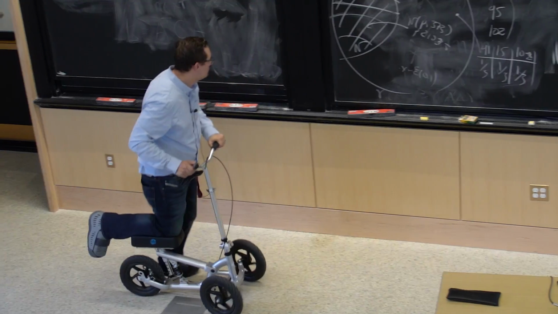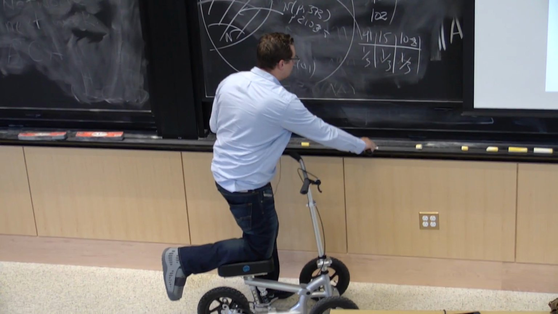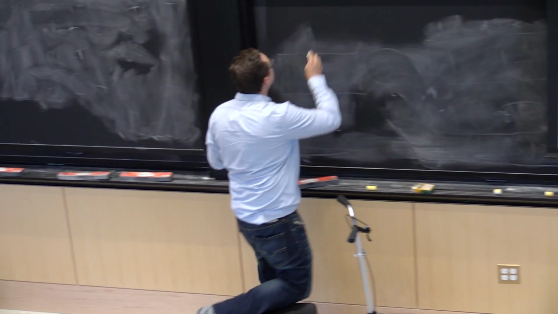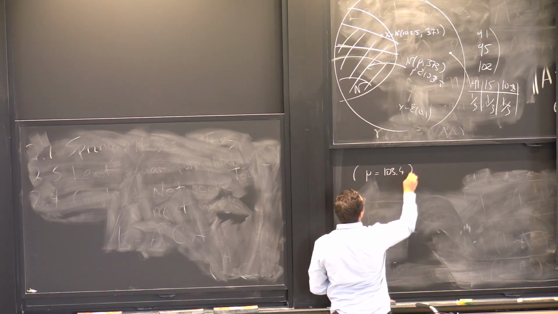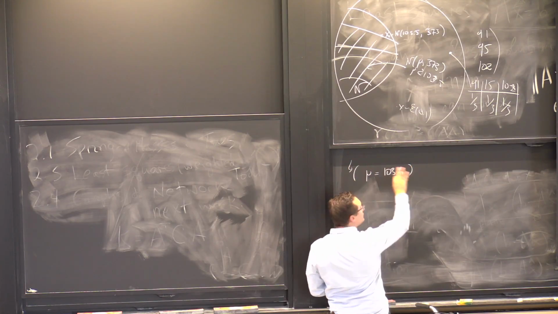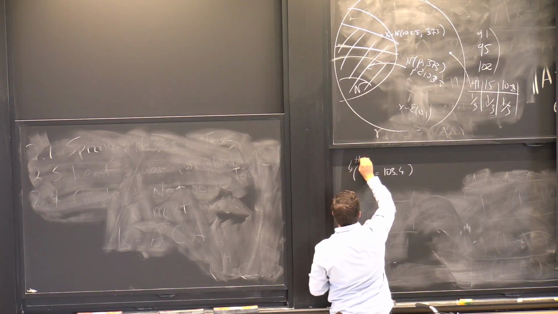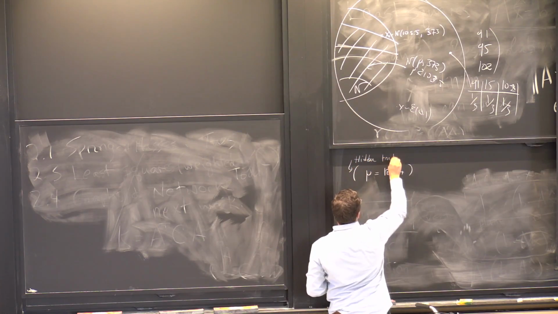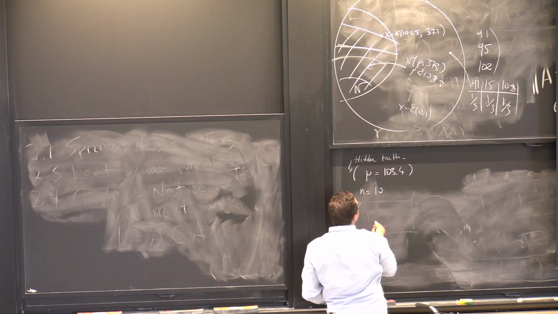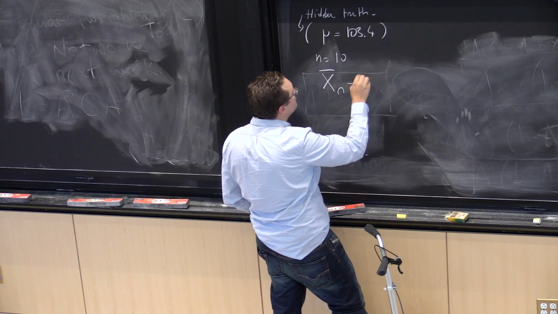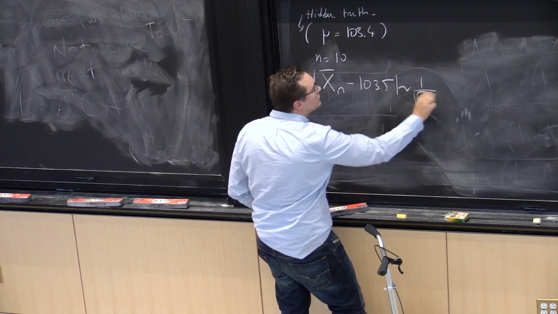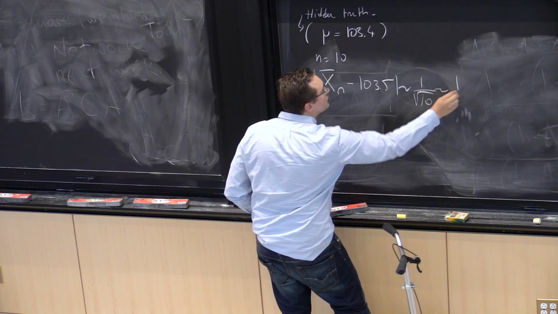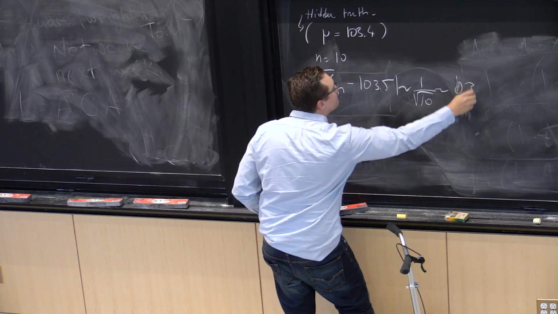So we know that, let's say that mu is equal to 103.4, okay? You're not supposed to know this, right? That's the hidden truth. Now I have n equal to 10. So I know that X bar n minus 103.4 is of the order of 1 over square root of 10, which is of the order of, say, 0.3, okay?